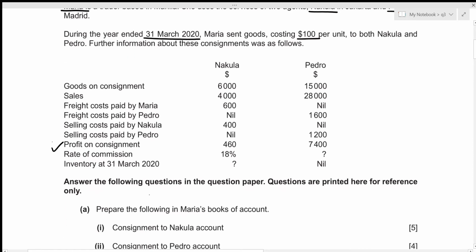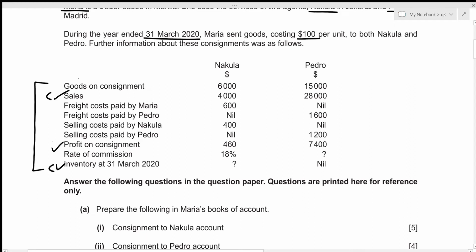First of all, we need to prepare the following in Maria's books of accounts. So we need to prepare consignment to Nakula account and consignment to Pedro account. This is fairly simple, so we just need to record all of these items in our consignment to Nakula as well as consignment to Pedro account. And while recording so, we only record our sales made and then the closing inventory on our credit side, right?